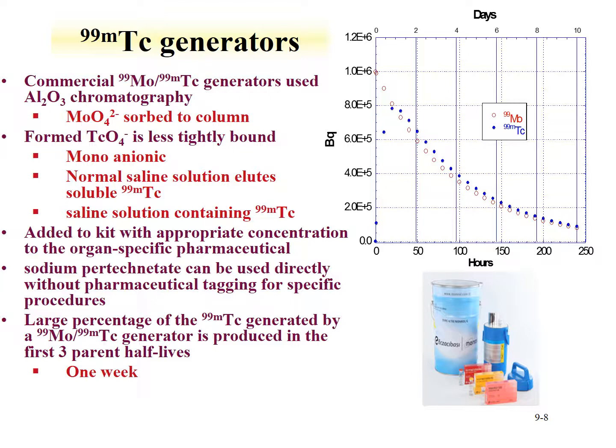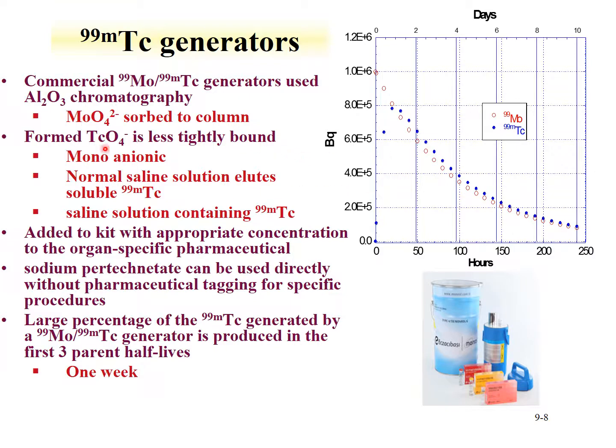Here is shown a growth and decay curve for molybdenum-99 and technetium-99m. You see that the bulk of the technetium activity, shown here in blue, is generated within the first week of the generator system.